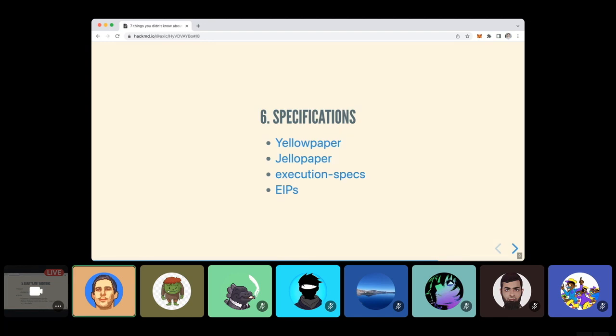So that is the number one resource to look for EVM change descriptions. But it is a large repository of ideas, and it is extremely hard to judge at what stage a given idea is. The only way to judge that is by looking through the All Core Devs calls and figuring out what is being slated for adoption.